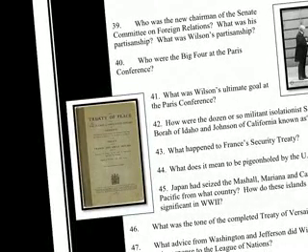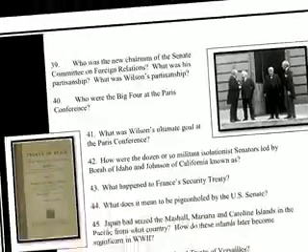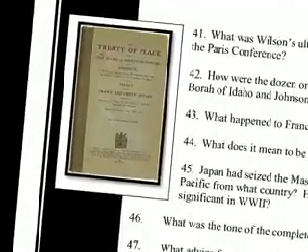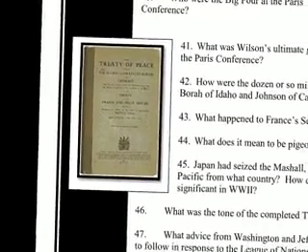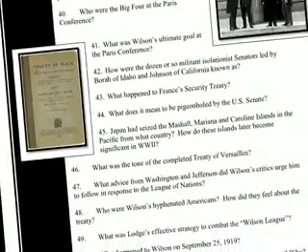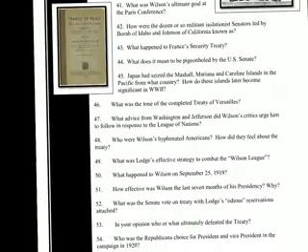At the end of the war, the Big Four meet, and there's a picture of the Big Four. They meet and eventually discuss their treaty. The treaty is called the Treaty of Versailles because it was signed in Paris, and we have Woodrow Wilson's participation.